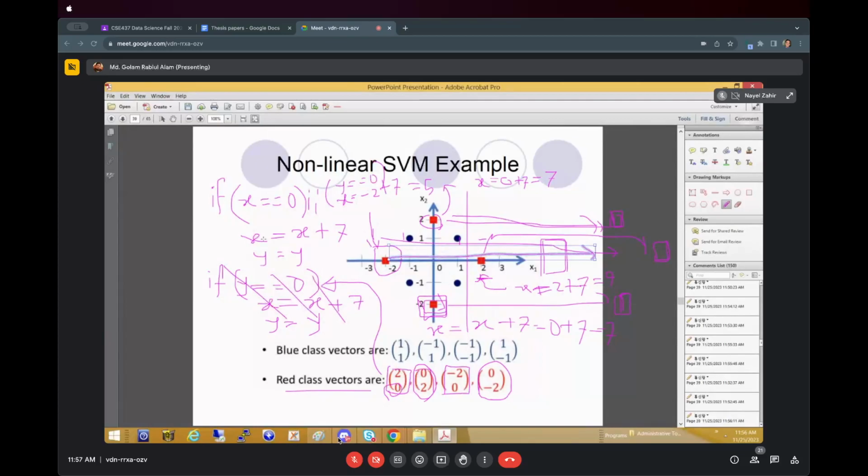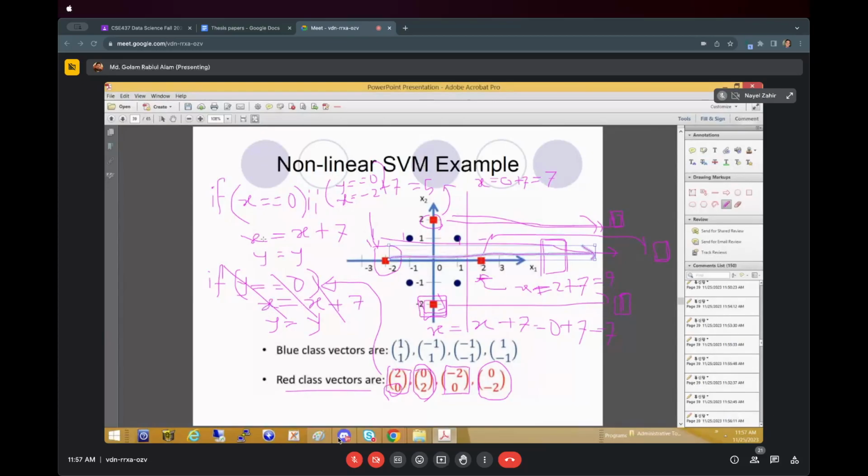If we apply this simple trick, then we can see that the separation is done. On the left hand side we will get the blue circles, and on the right hand side the red squares.